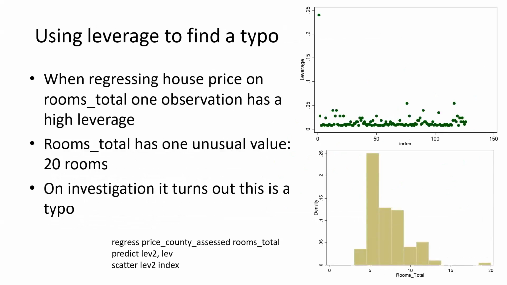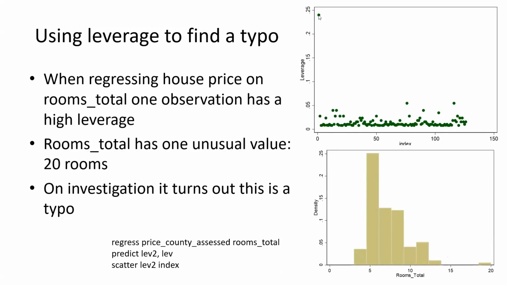I once did a leverage plot where I found a typo in the housing data set. And I regressed the house price on the number of rooms, I think, and I found this leverage plot, and this point sticks out, right? It's not 0.5, but it sure sticks out. So you want to look at that.